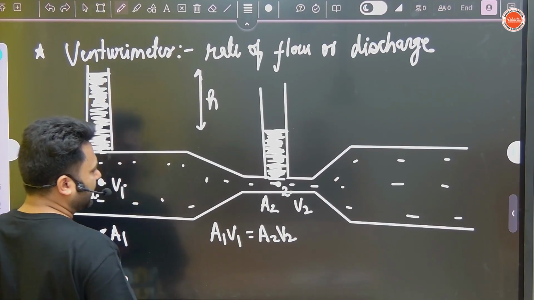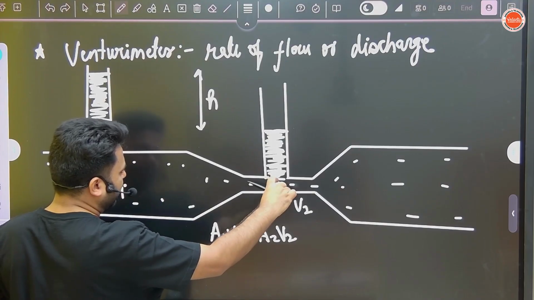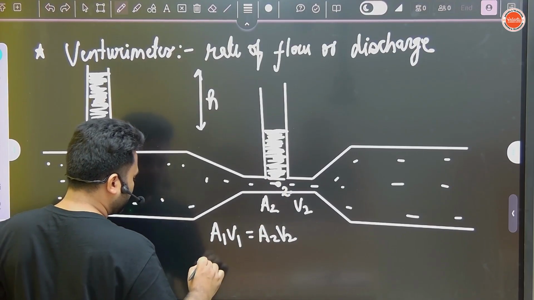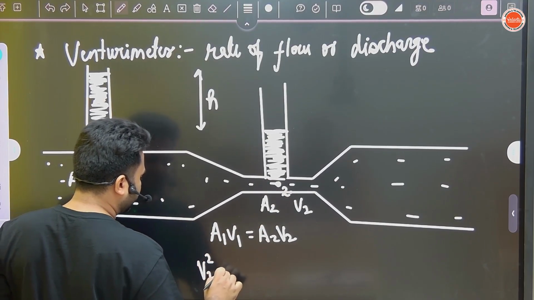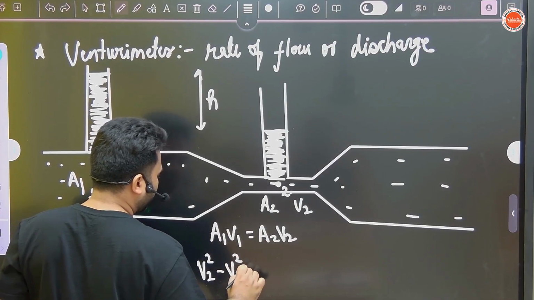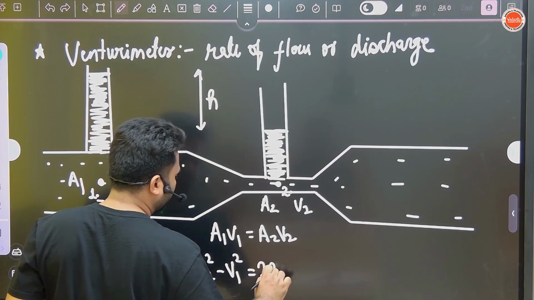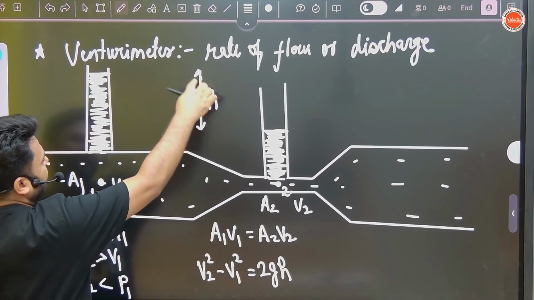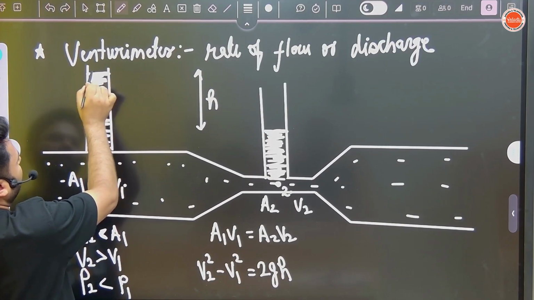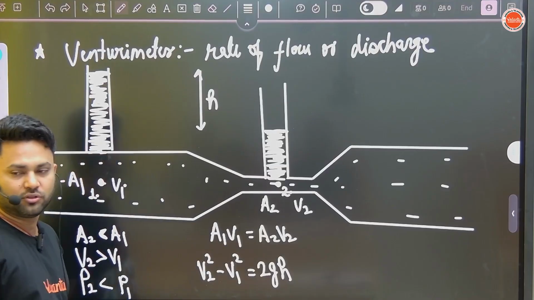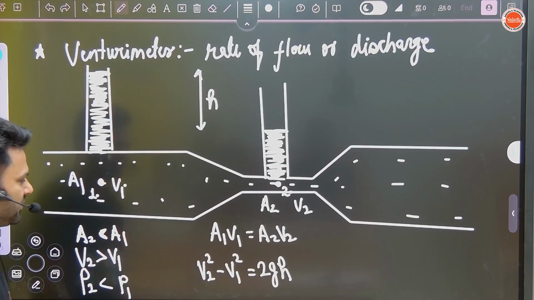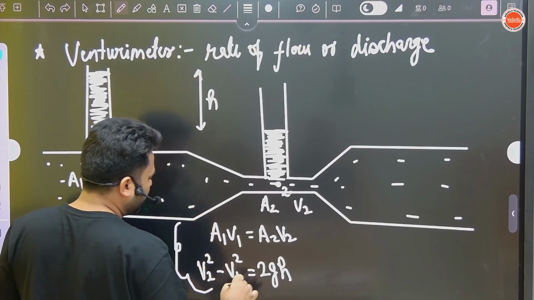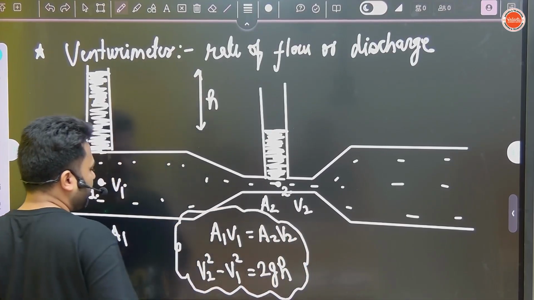And one more thing we can write: area is less here, so velocity will be more. So V2 square minus V1 square equals 2AS, that is 2GH. What is H? This height difference between the top level and this top level. So you have to remember these 2 equations. They ask directly from here.